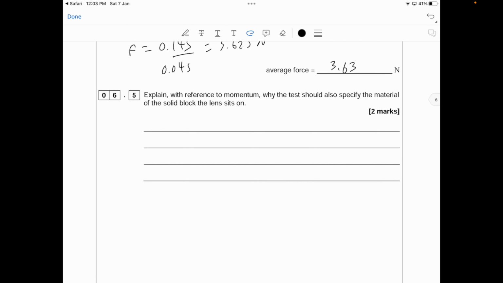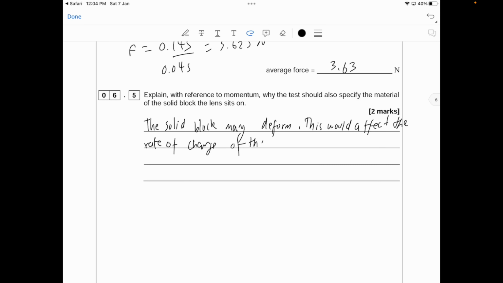Explain with reference to momentum why the test should also specify the material of the solid block that the lens sits on. So we can mention that the solid block may deform. Since it deforms, it would affect the rate of change of momentum of the ball and the force itself.